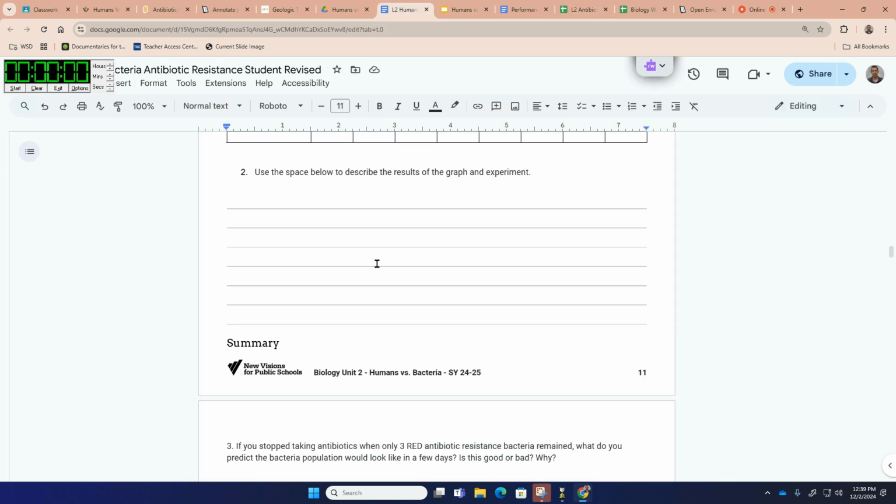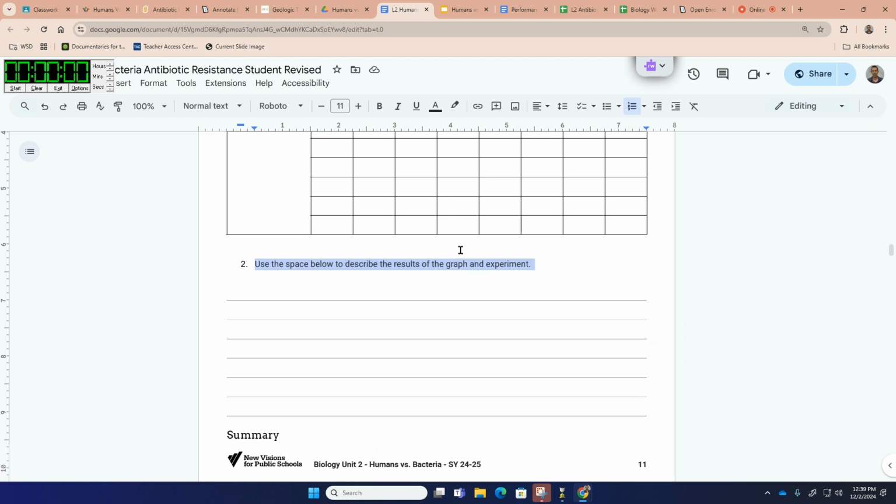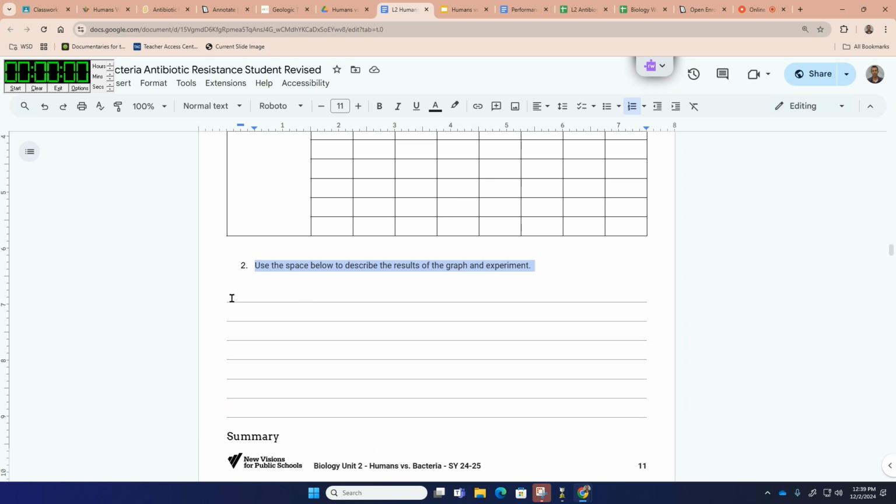So once again, once you fill in your data table and graph, it says use the space below to describe the results of the graph and the experiment. Okay, so for that, you would talk about how scenarios 1 and 2 show that taking the medicine until the bacteria die is the most effective.